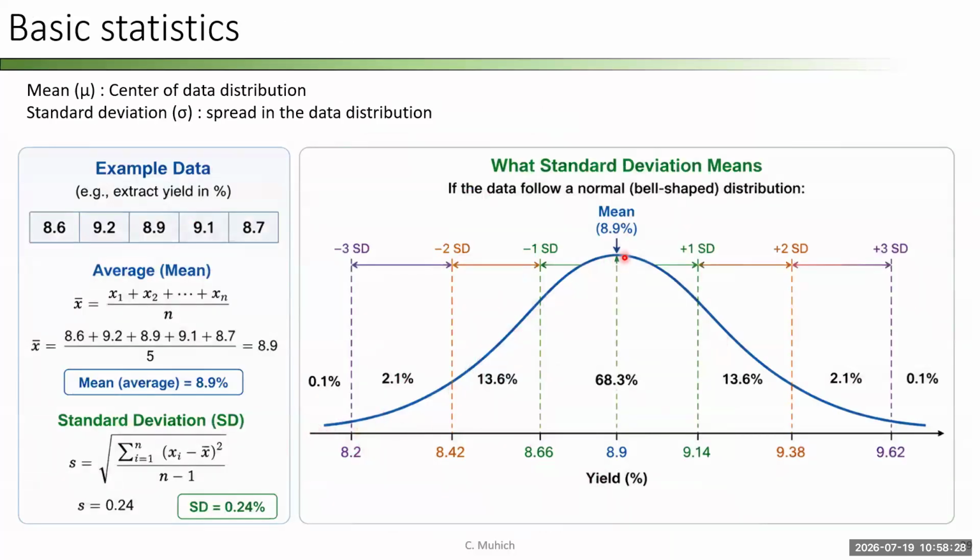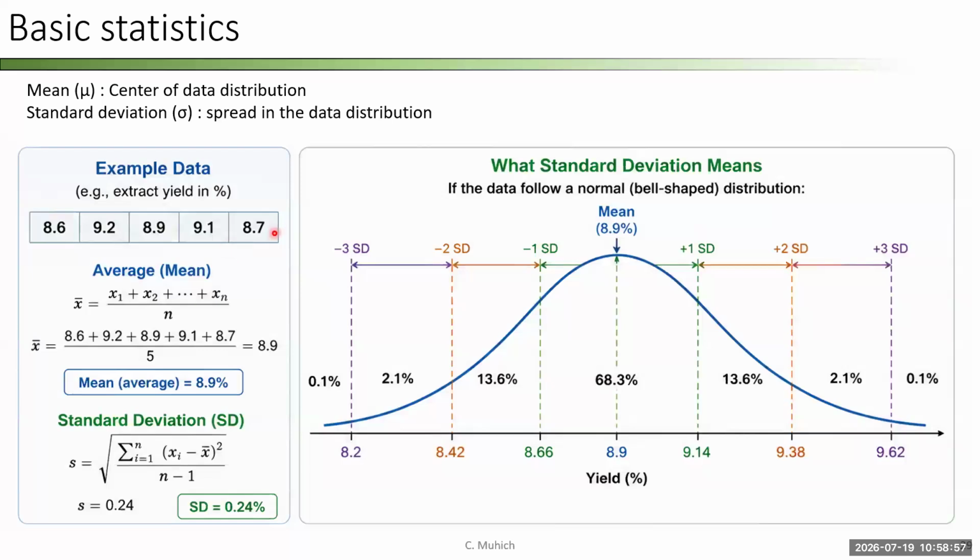I've redrawn it over here, maybe for the yield of extraction. Maybe we did 5 extraction experiments and we measured yield at 8.6, 9.2, 8.9, 9.1, and 8.7. This is just coming up because there's natural variance within the herbs, within the instrumentation.